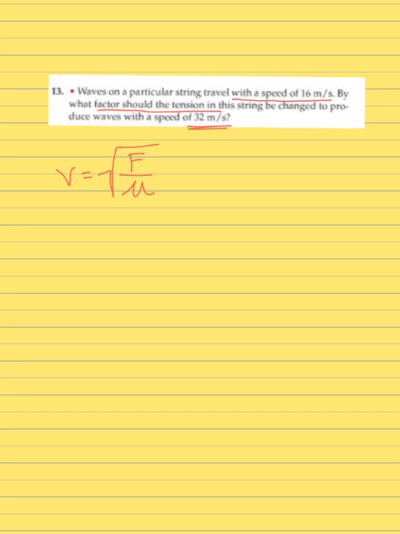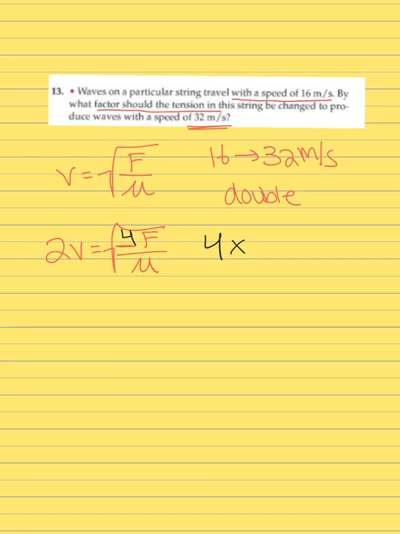I want to go from 16 to 32 meters per second, which means I am doubling. So if I have 2V equals square root, I'm looking for something times F. Square root of what equals 2? Well, square root of 4 gives me 2. So I need 4 times the tension.